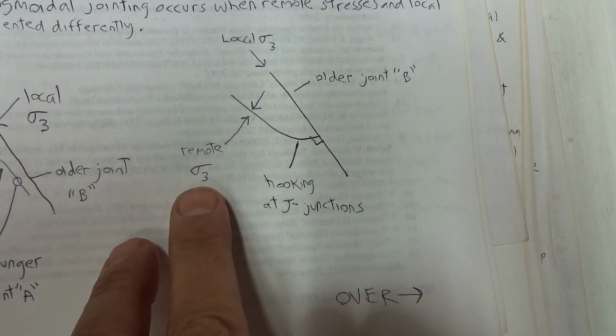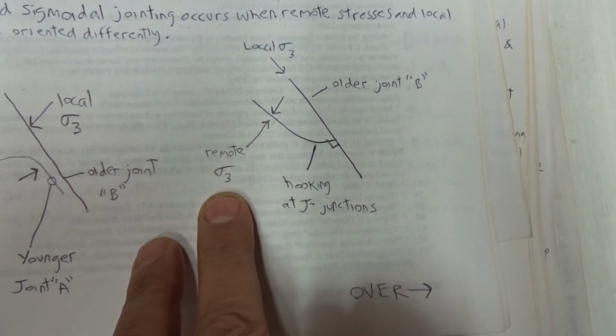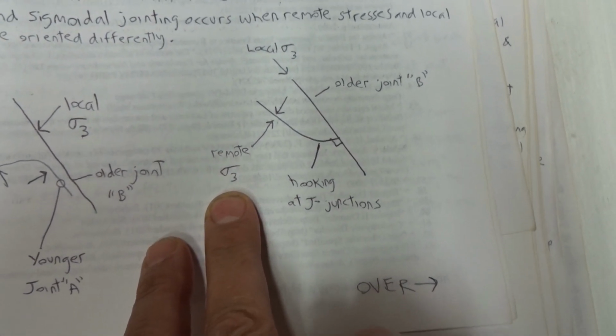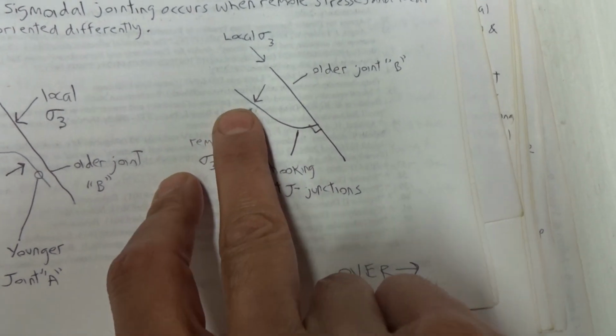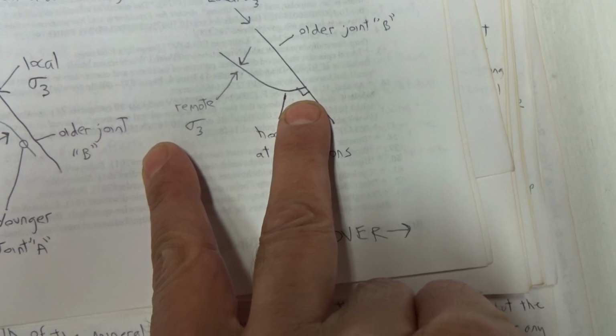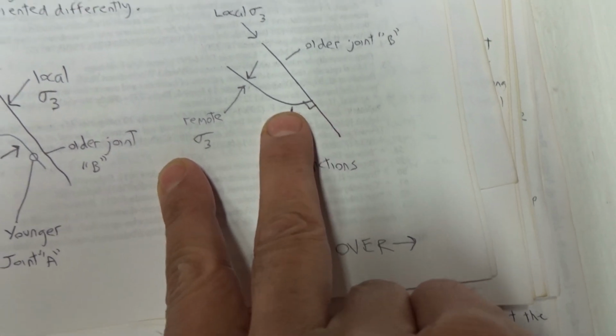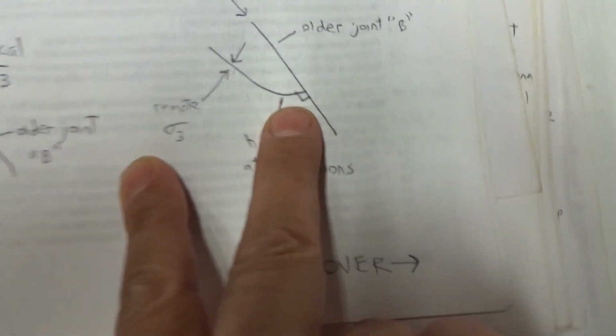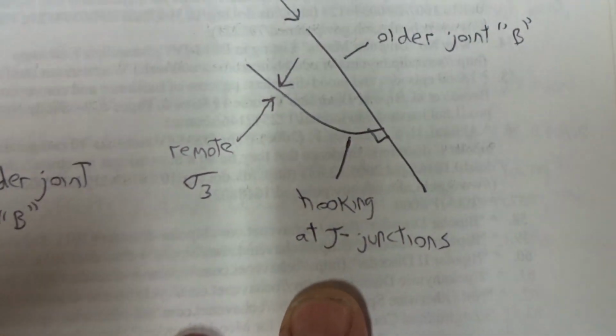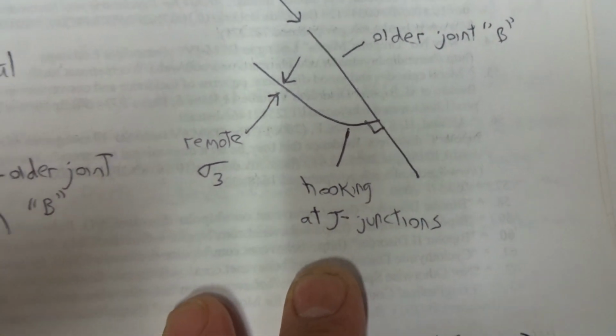We have a newer, younger, remote sigma 3 joint that in this case cannot cross the older joint B, but wants to terminate at a 90-degree angle, so it curves. That's called hooking at J junctions.